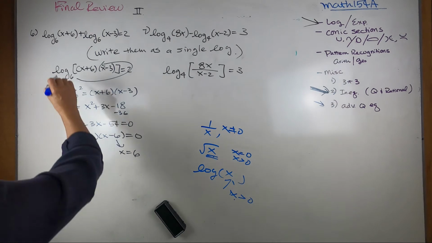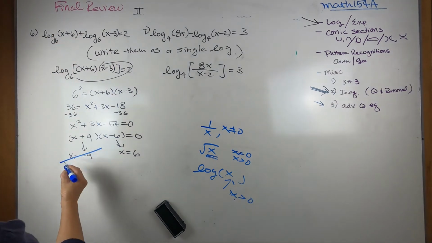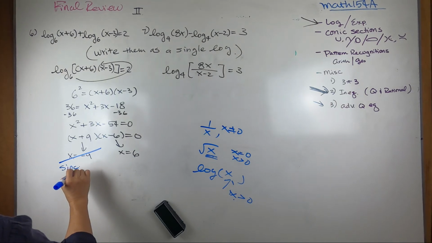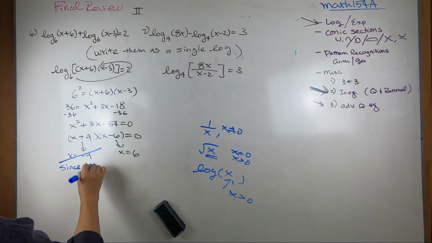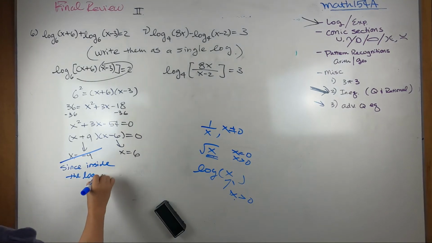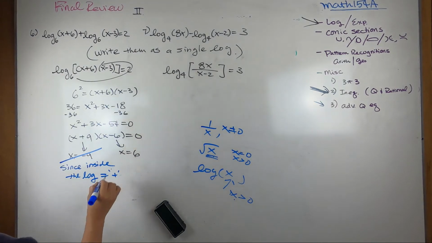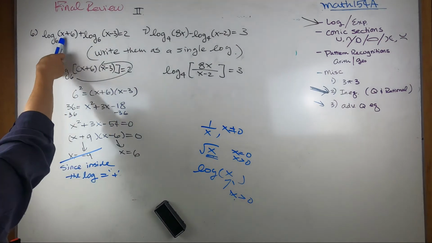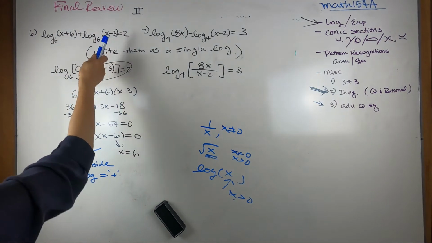When I plug in negative 9, no, because inside the log has to be what? Positive, right? Negative 9 adds up together to a negative. How about 6? That's positive. 6 minus 3, it's 3.